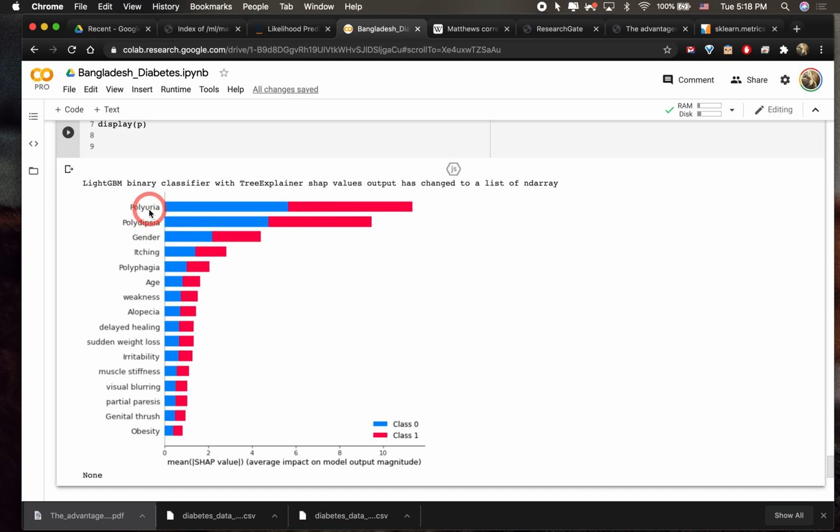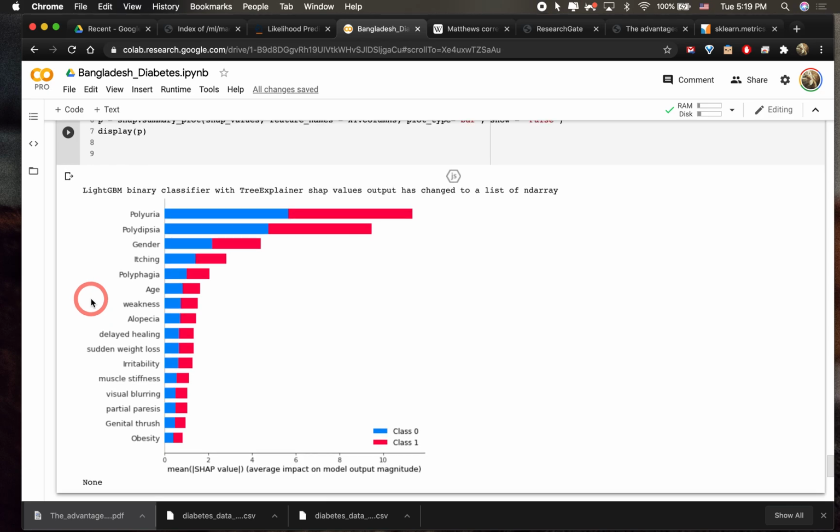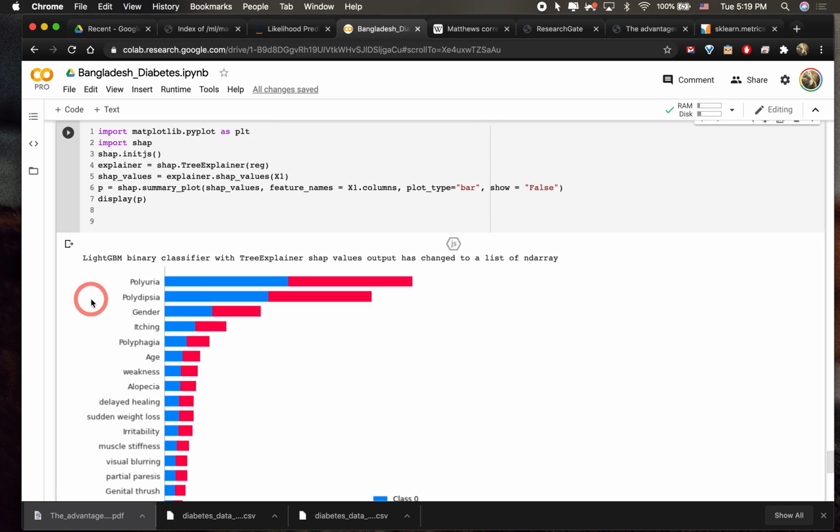So here you have polyuria, polydipsia, again, as the most important features. But then you have gender, itching, polyphagia, age, weakness. Weakness was one of the weaker ones before. Obesity is still kind of at the bottom, though. But gender, itching, polyphagia are important now. But how did they figure in the other one?